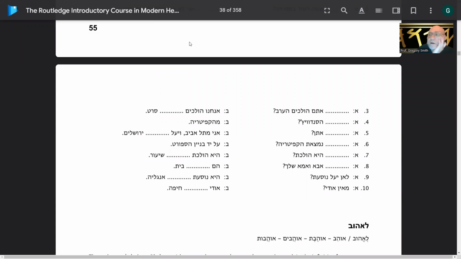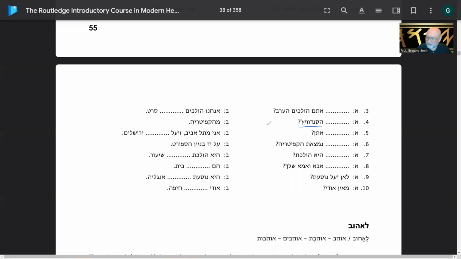Okay, so now we have number 4, aleph, blank. Let's look at this one. Hasandvich. I don't know what that is. I'm going to have to actually type that one in. Oh, hasandvich. That's what that is. It's a sandwich.